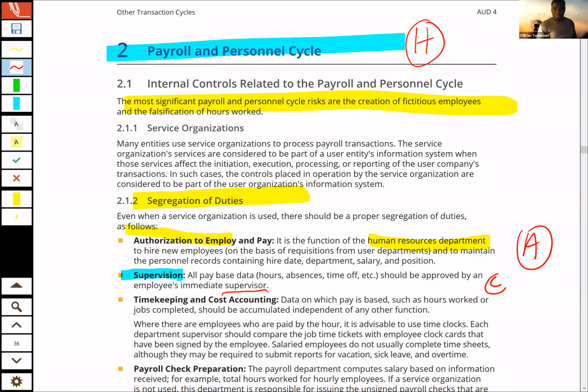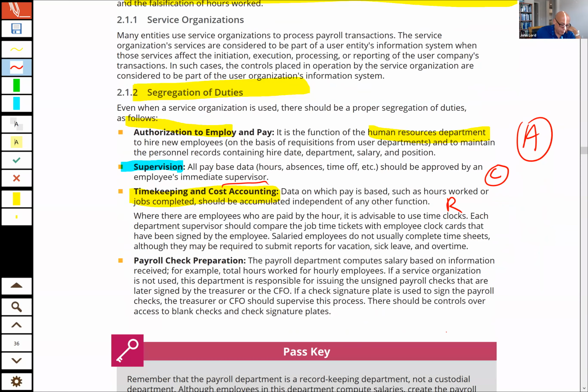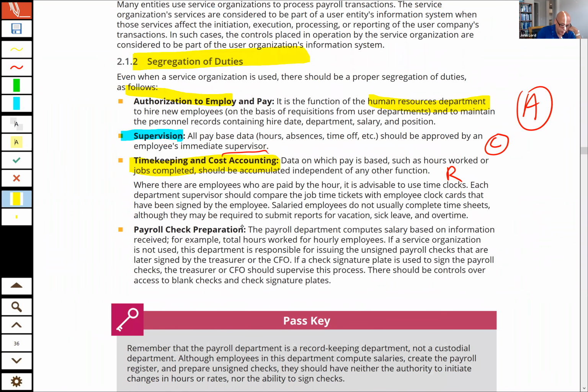Now, that sounds a little crude because we don't cuff ourselves to the person, but supervision is a custody issue. Then we have timekeeping, that's obviously record keeping. And then payroll check preparation is a record keeping function, right?